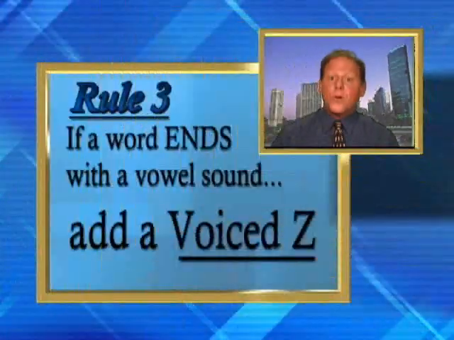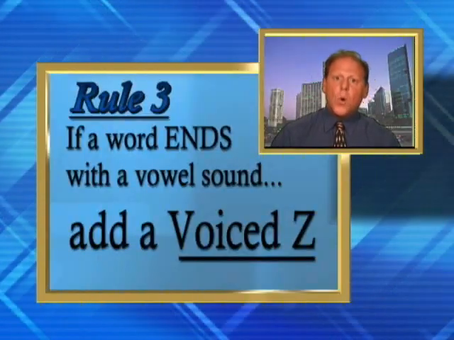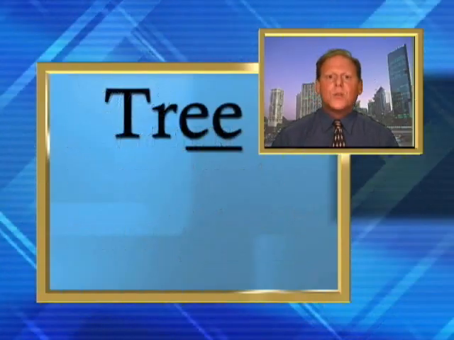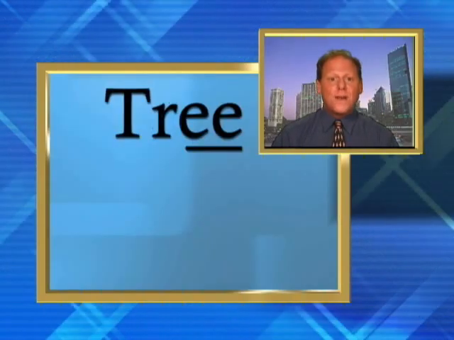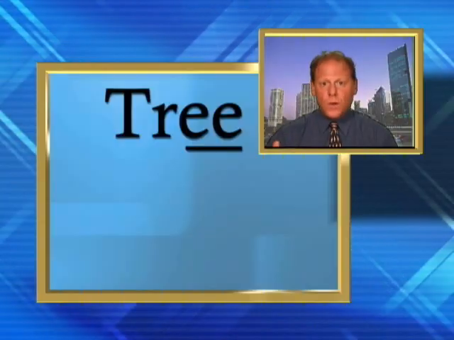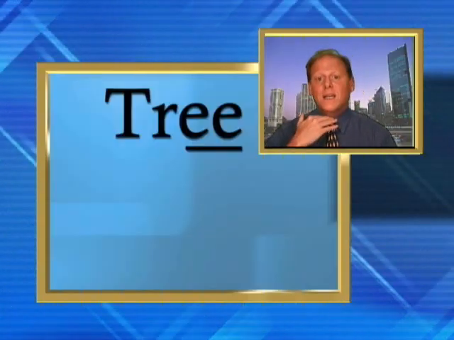Okay, here comes the third rule. This one's easy. If a word ends with a vowel sound, all you do is add a voiced Z. It's simple. Let's look at the word tree. The last sound you hear in that word is the vowel E. And remember, a vowel is always voiced. So the word ends in a voiced sound. Tree.